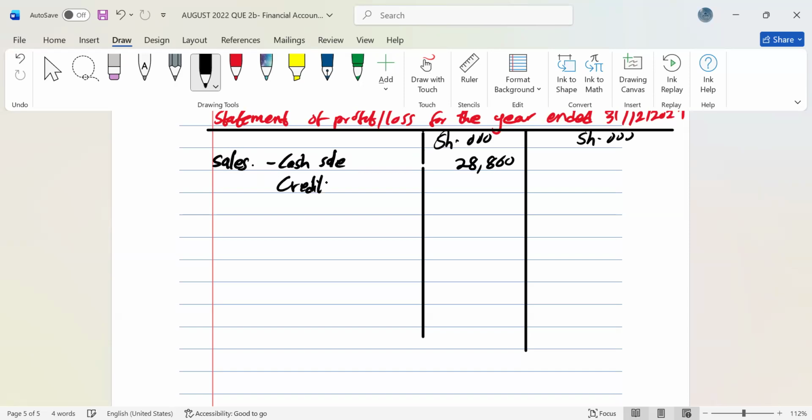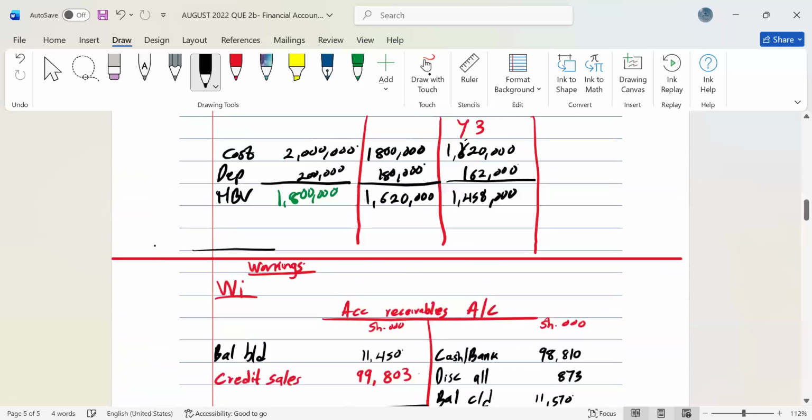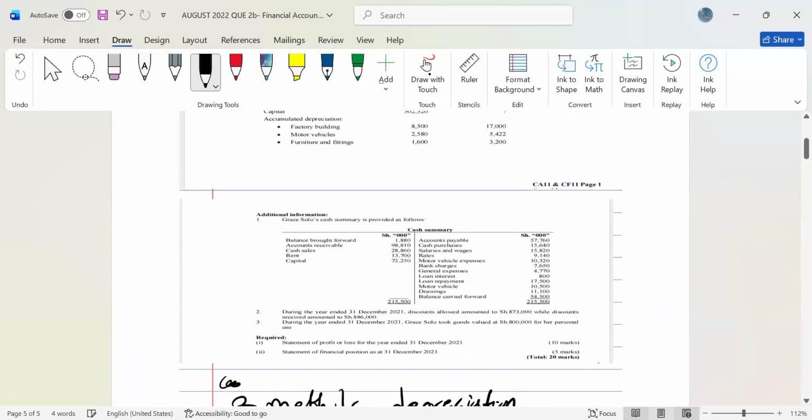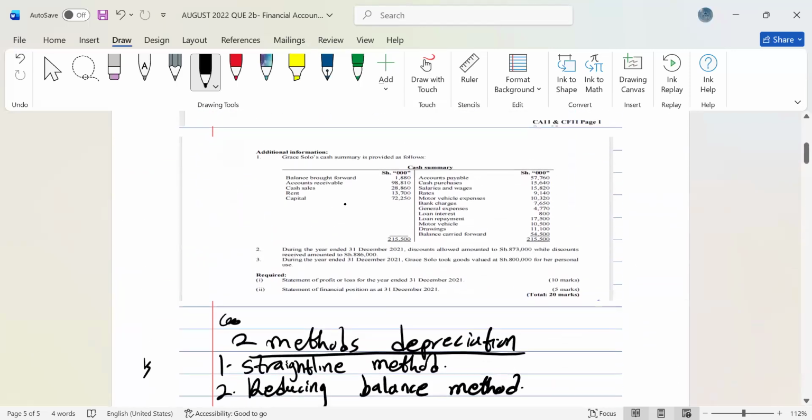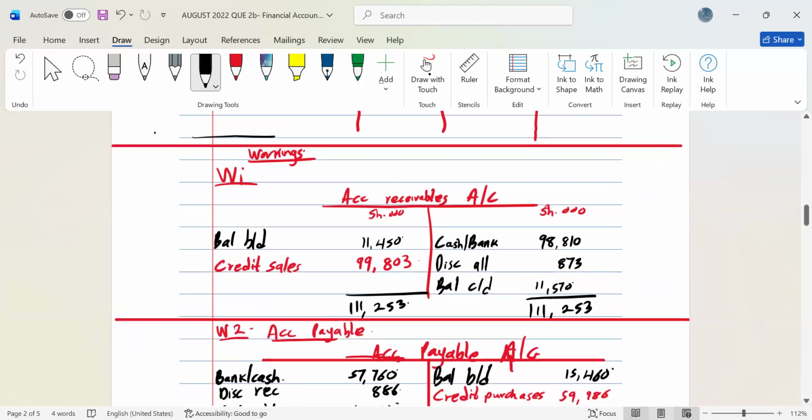Credit sales from our working ilikuwa ngapi? Cash sales ilikuwa kwa note number 1, right? 28,860 ilikuwa debited. Then ukienda kwa workings and receivables, we had our credit sales za 99,803.